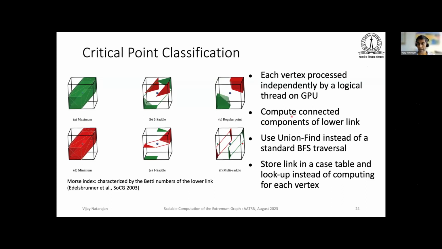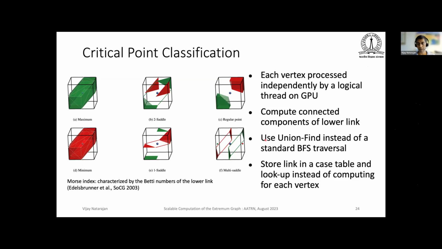Computing the connected components is a simple task. One would typically run a BFS traversal to compute the number of connected components. But the size of the lower link differs significantly between the different types of vertices, and this leads to an issue with respect to synchronization when we want to run this in parallel.